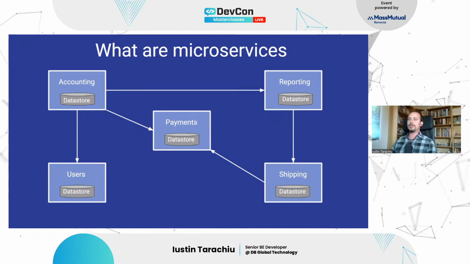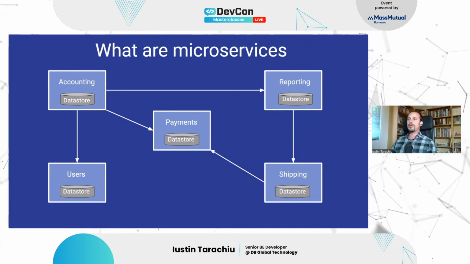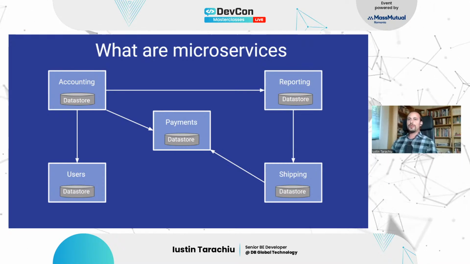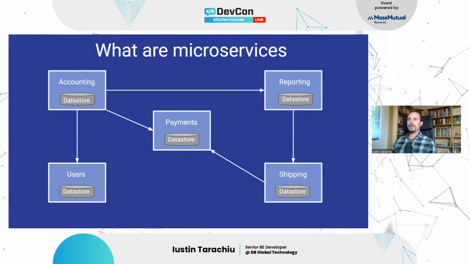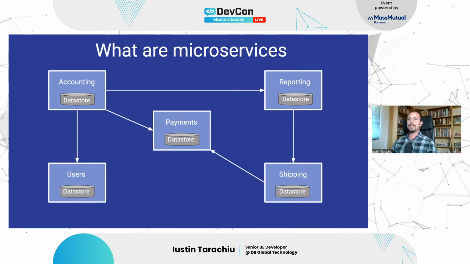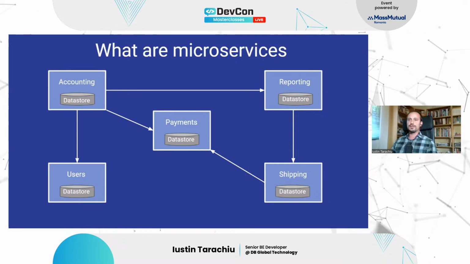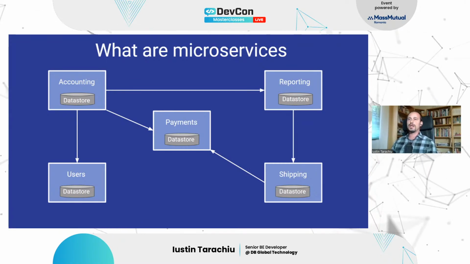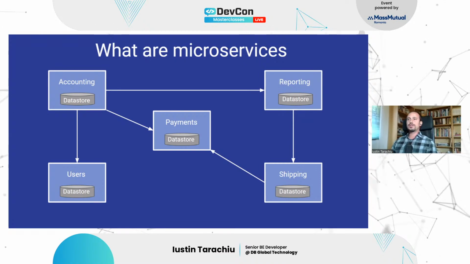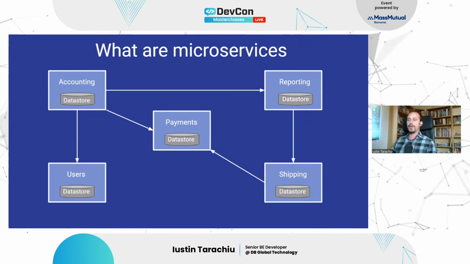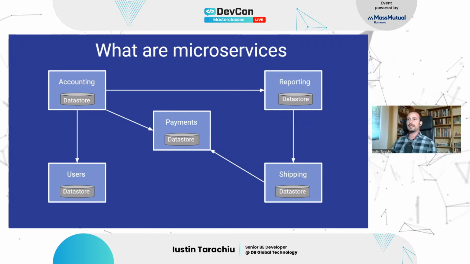All those modules were taken out of the project and they were deployed independently into some small services. This is where the name comes from. Each microservice has its own code base, its own data store.